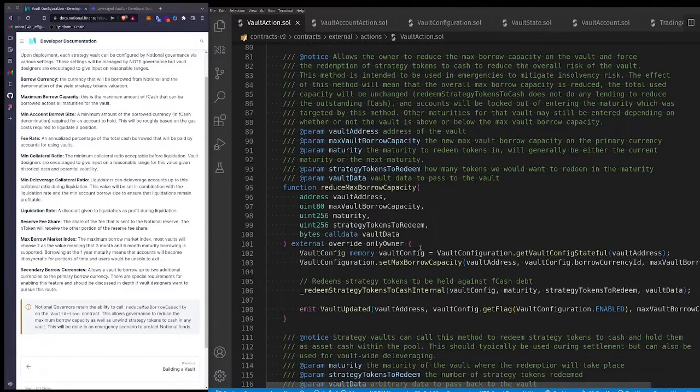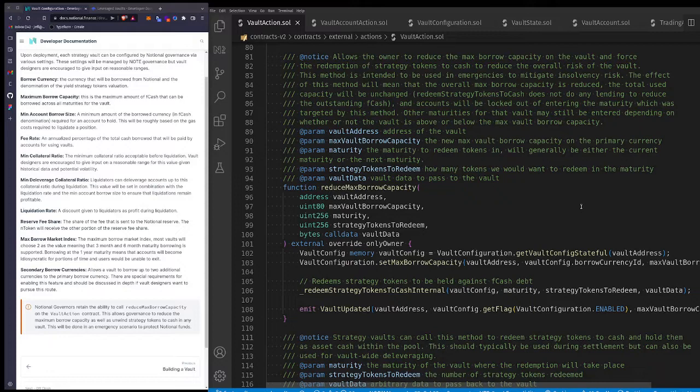And lastly, Notional governors have the ability to call a method called reduce max borrow capacity. This will be used in emergency scenarios where, for whatever reason, governance thinks that the risk on a vault needs to be reduced.